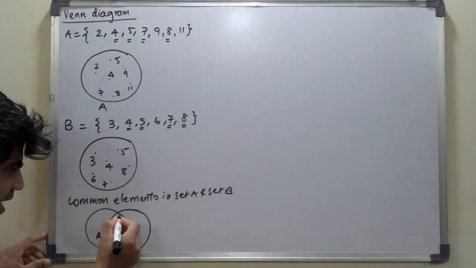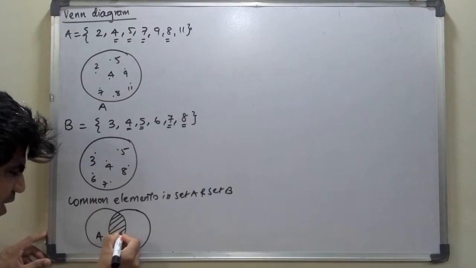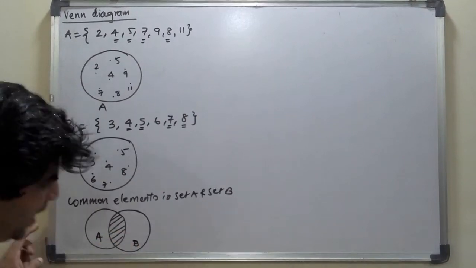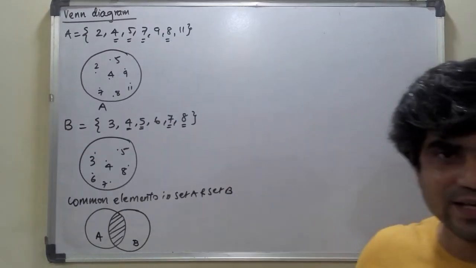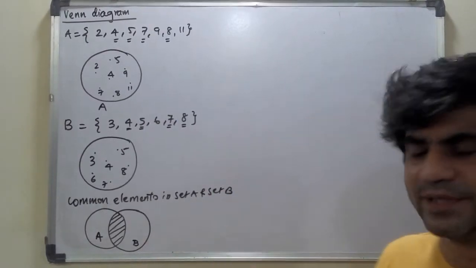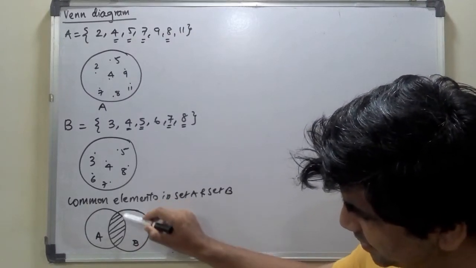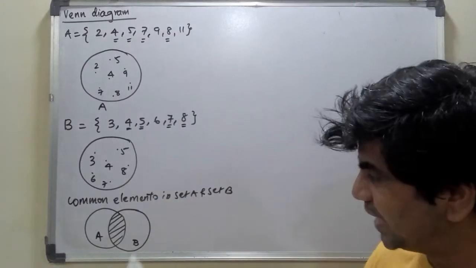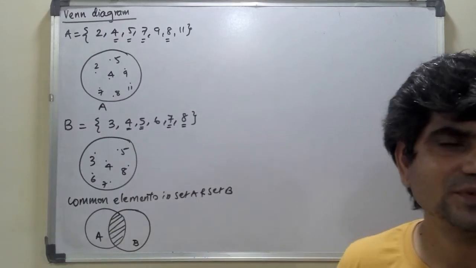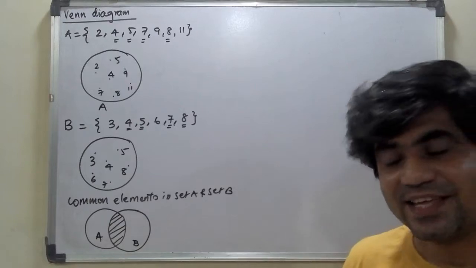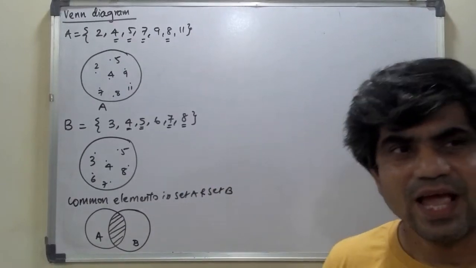So it is very clearly understood that this will be the common region for both. Now it is clearing up the whole concept. You can see the shaded region is present in set A and also in set B. Wasn't it nice? Yes.